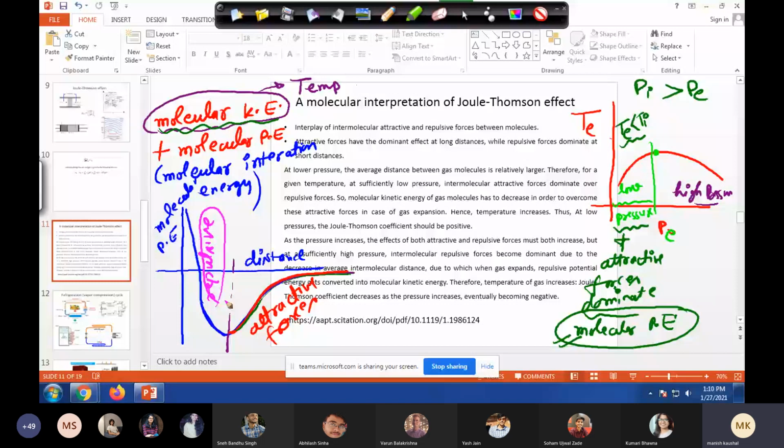So when charges of the same sign come closer to each other, if you don't fix them, they will go apart because you have positive potential energy.